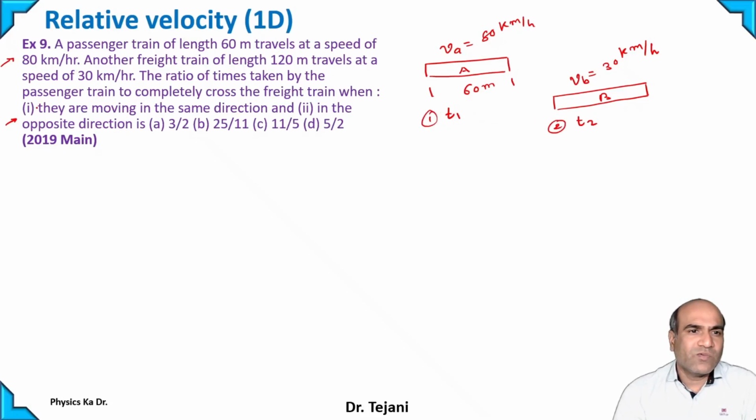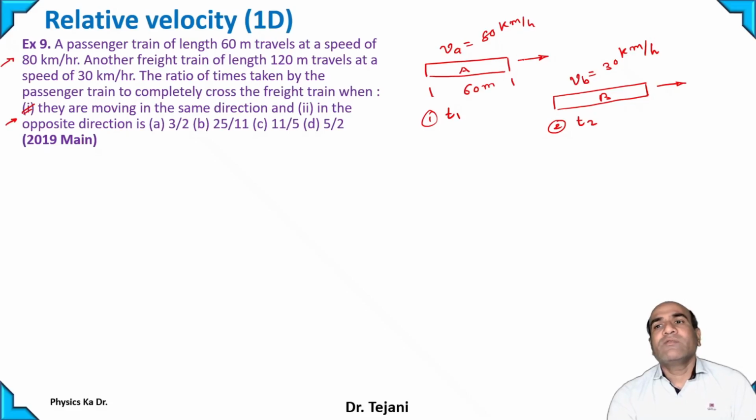Let us assume condition 1: they are moving in the same direction. VA is 80 kilometer per hour and VB is 30 kilometer per hour, therefore A is definitely going to cross B. So we need the time by which the train crosses.